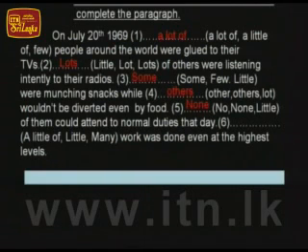Now we go on to the sixth blank. This sentence also begins with a blank. A little of, little, many. "Work was done even at the highest levels." Now work is an uncountable noun. For an uncountable noun, you cannot use the determiner many. You can't say many work.